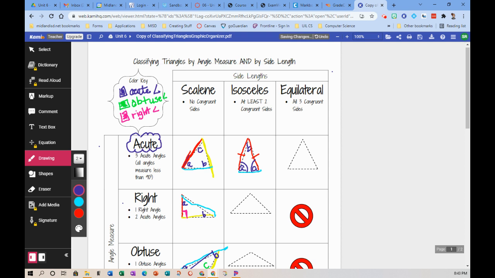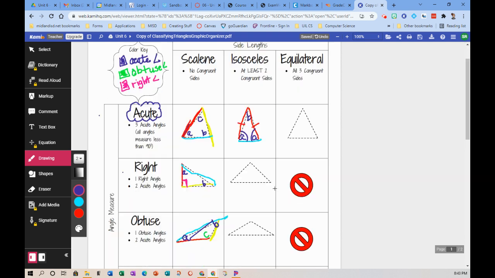So now let's go down to the right triangle. Once again, we're going to have a right angle. That's going to be in pink. So here's our right angle. We have one right angle and two acute angles.